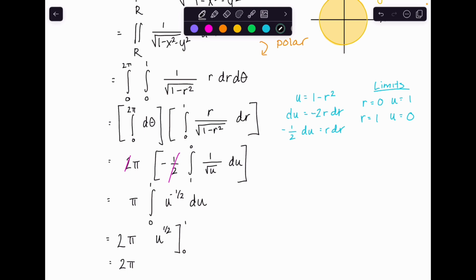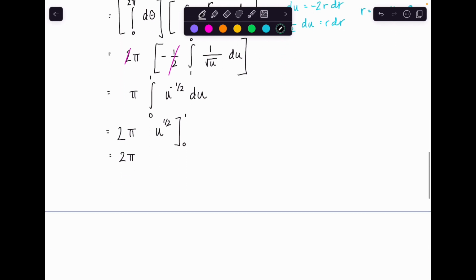Now I need to do the same thing, but I have to go through this with a different parameterization for the bottom half of the sphere. So that leads us into the parameterization of S2, which is the bottom half of the sphere.